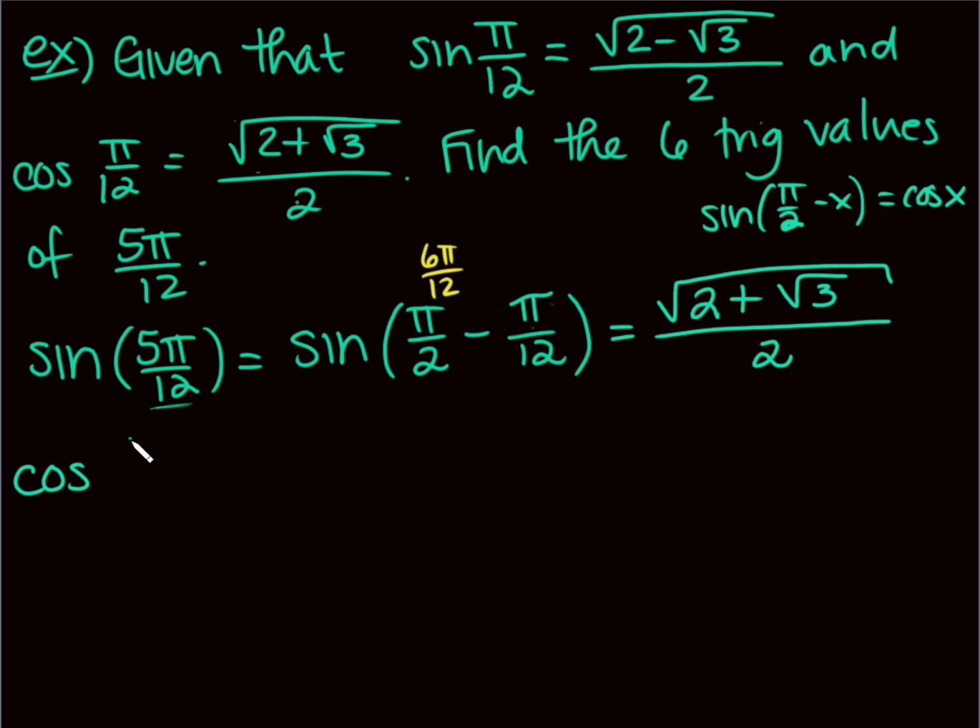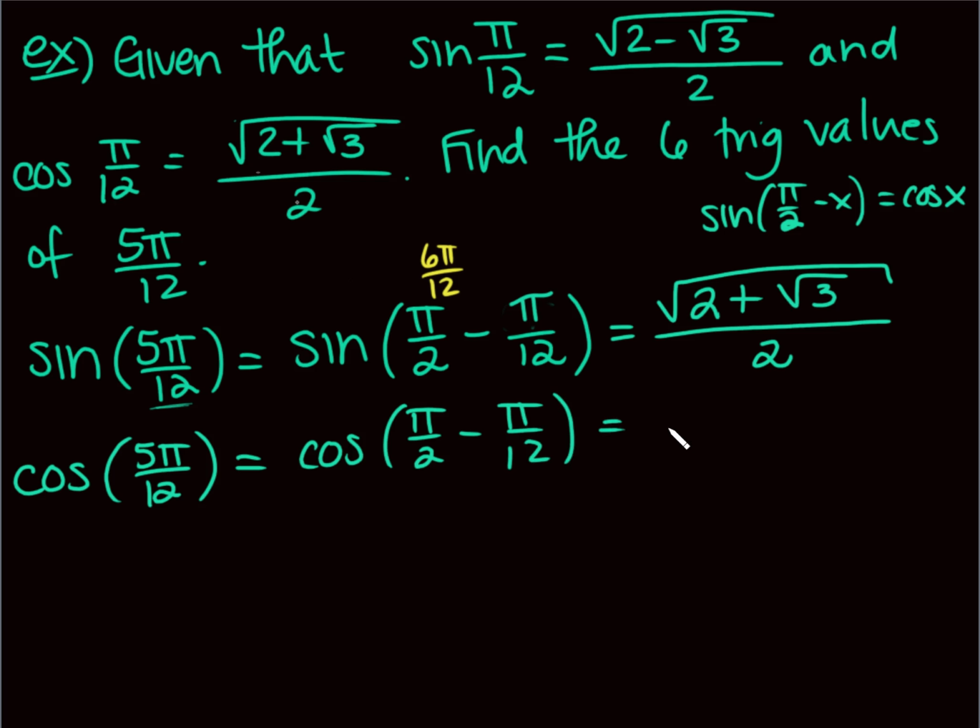Likewise, the cosine of 5 pi over 12 is the cosine of pi over 2 minus pi over 12, which equals the sine of pi over 12. And what is that? That's 2 minus root 3 all over 2.